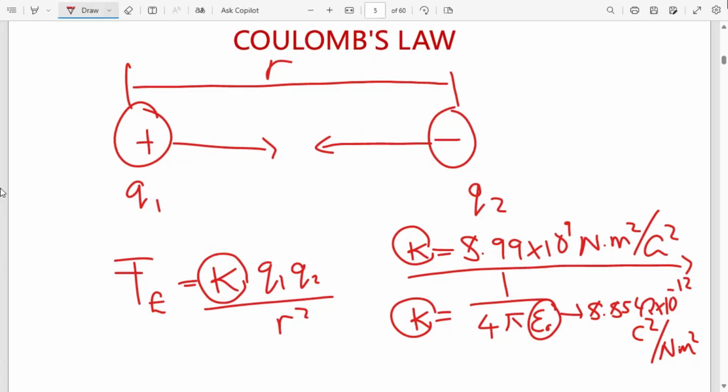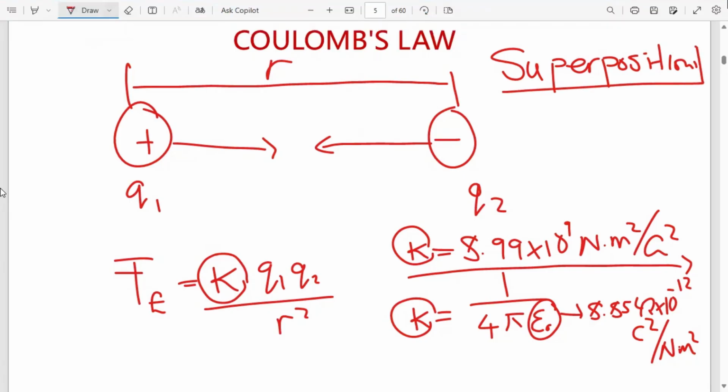Let's say maybe there are two or three charges that are exerting an electrostatic force on another charge. This is the principle that we call superpositioning. That means we have more than one charge which is exerting an electrostatic force on a particular charge.